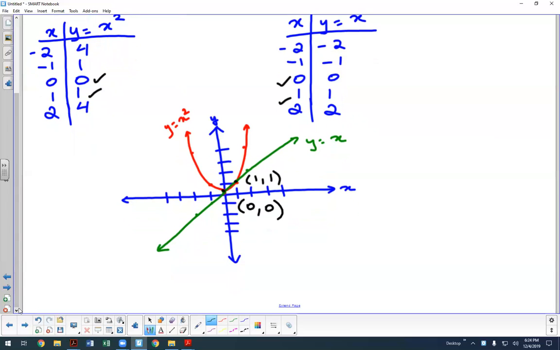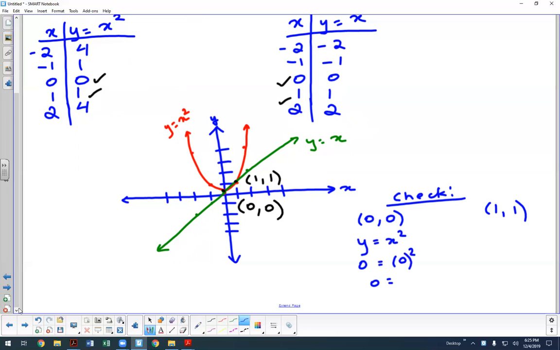Now, one thing we normally like to do when we work with a system of equations is to check our answer. Normally, for checking our answers, you can just take your ordered pairs and plug them into both the equations and make sure you're getting a true statement. So if we start with y equals x squared, that's going to be 0 equals 0 squared, which we know is a true statement.